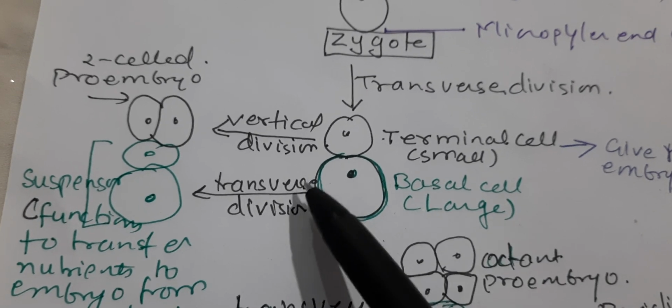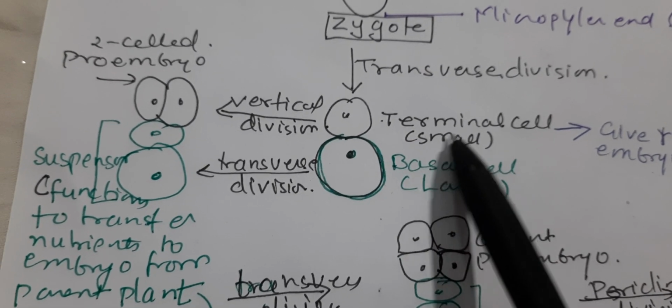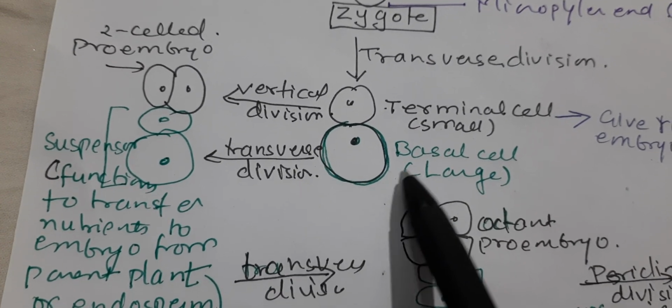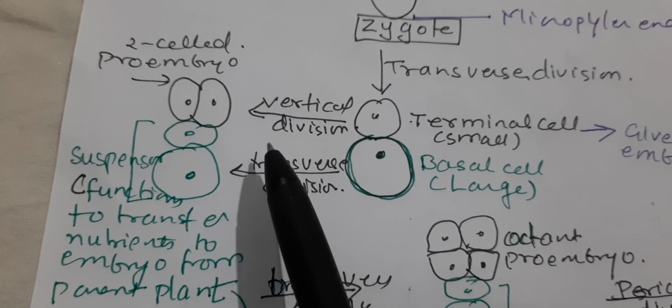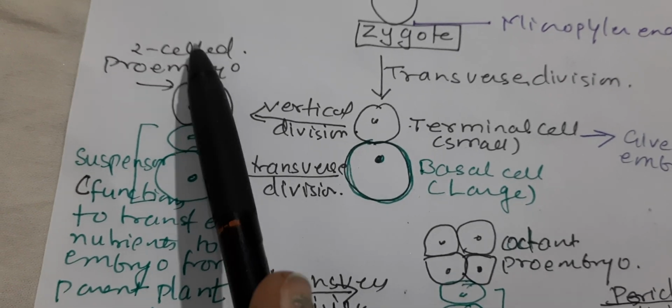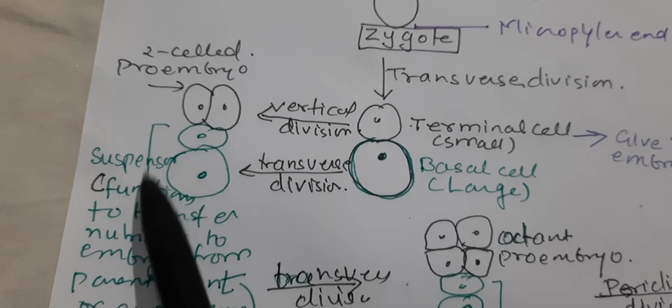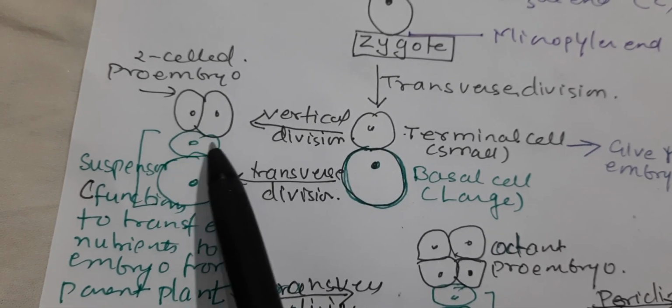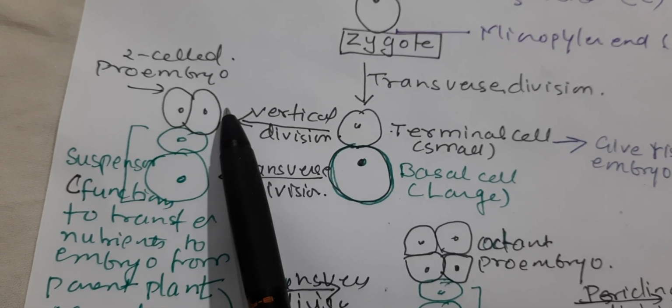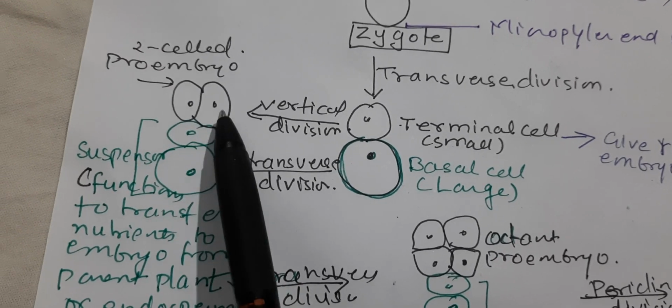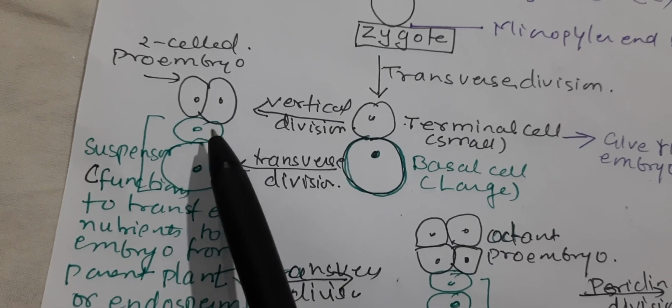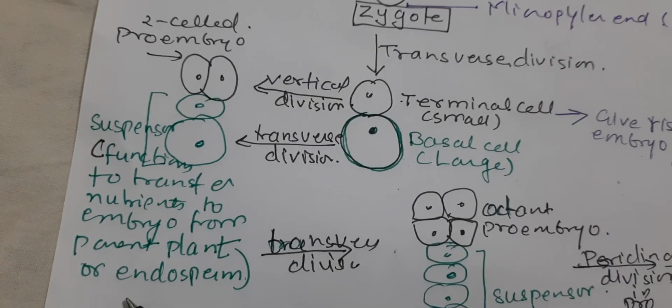The next division is a vertical division in the terminal portion and a transverse division in the basal portion. So it gives rise to the 2-cell stage proembryo. This whole is the 8-cell stage, but if you see the embryo, this is the 2-cell proembryo stage. The lower cells form the suspensor cells.